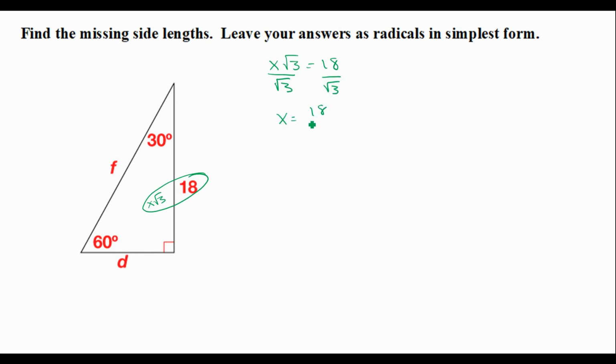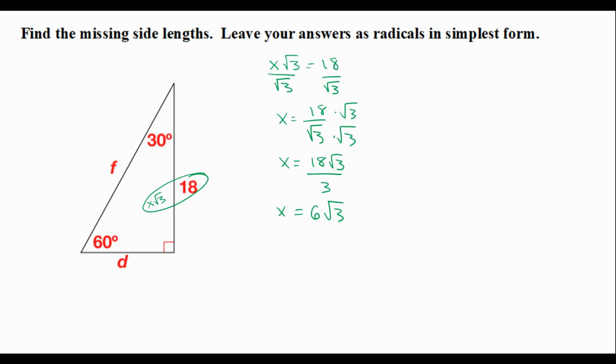So it's x equals 18 divided by radical 3. And we have to rationalize to get rid of the radical from the denominator. So I multiply the numerator and denominator by radical 3. So I'll get 18 radical 3 over 3. And then I can further simplify the 18 over 3 to give us 6 radical 3.